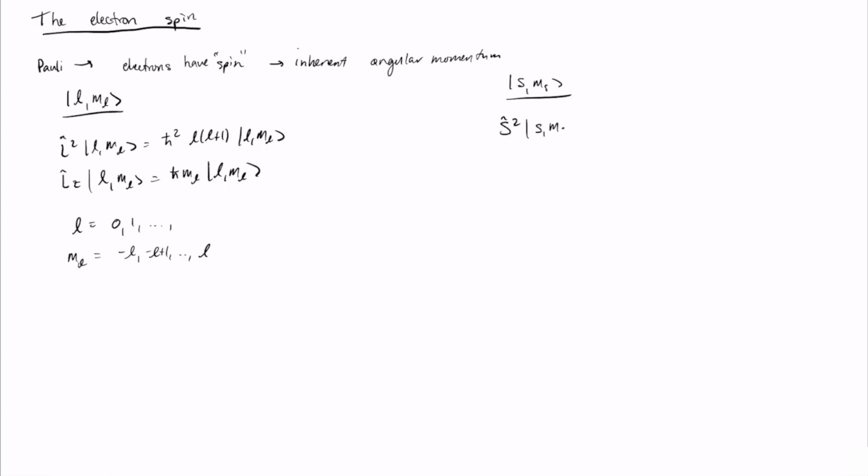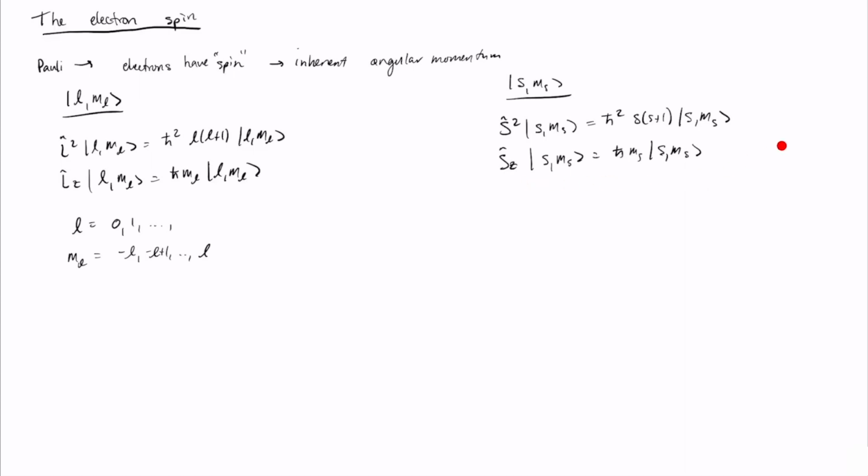If you apply S² onto |S, m_s⟩, what you should get is ħ² S(S+1). We similarly have an S_z, which we can apply to this, and what we get back is ħ m_s times the ket. Sorry, this up here should be m_s.